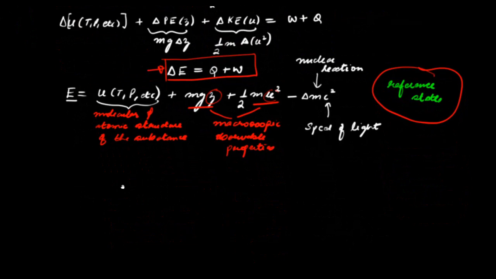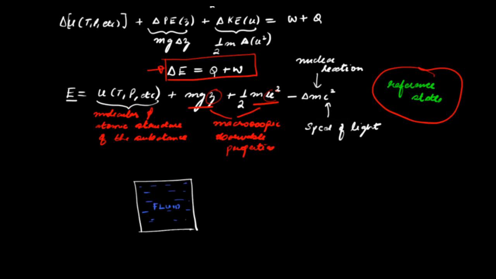So the example is in fact related to the Joule's experiment. So let's say that we have a tank that has some fluid, it could be gas, and it is stirred by this paddle wheel, and we do work by rotating this paddle wheel, and we do work on the system.